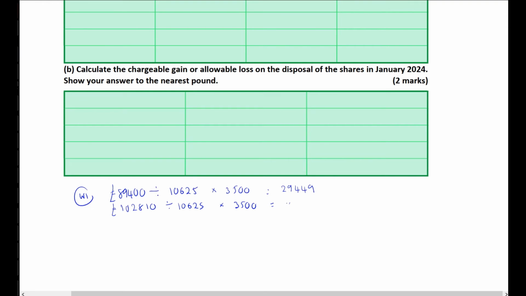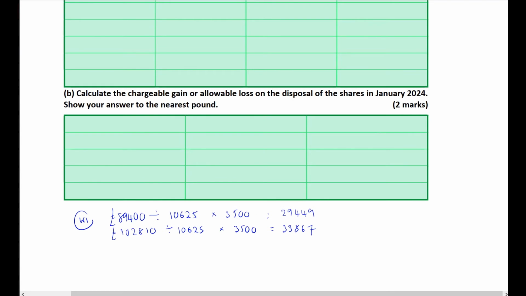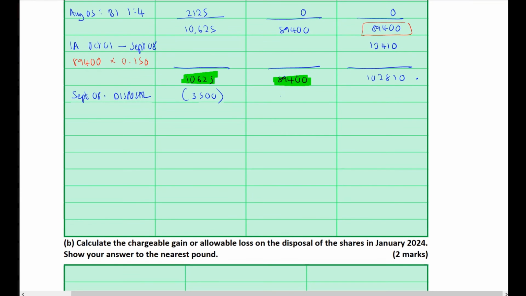What proportion of shares have been disposed of relative to the shares in the pool. Everything is rounded to the nearest pound. I can take those two answers and pop them in here. There we go. And at that point I can do a subtotal so I can see what I've got left.